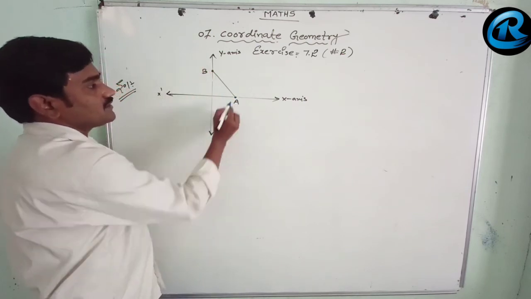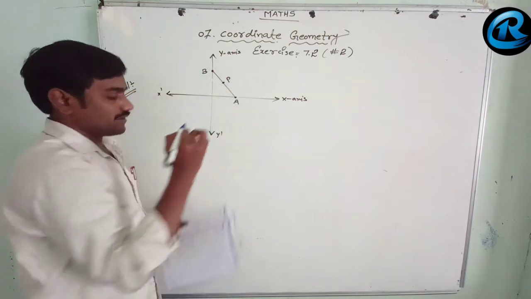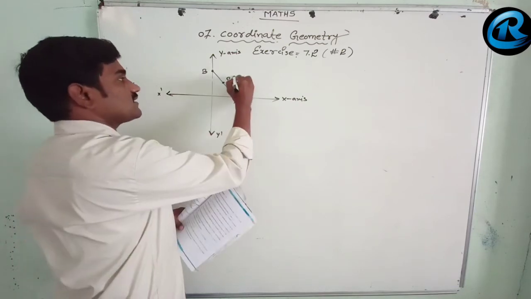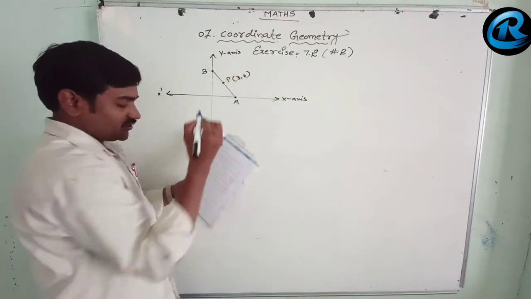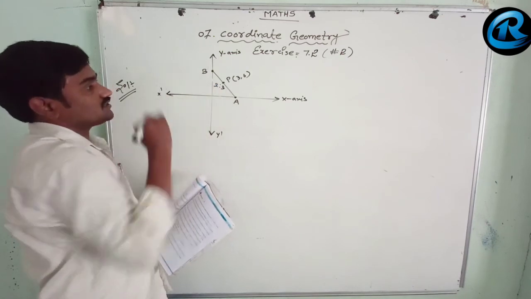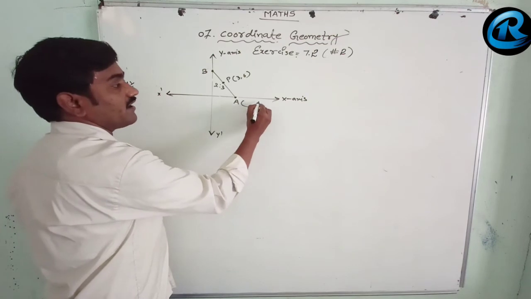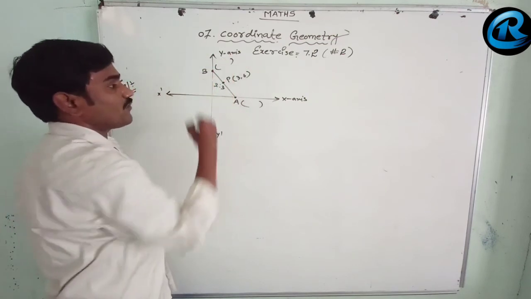Now what happens? Here this line segment AB is divided by the point P(3, 6) in the ratio 2:3. So here, what will be the point A and what will be the point B?